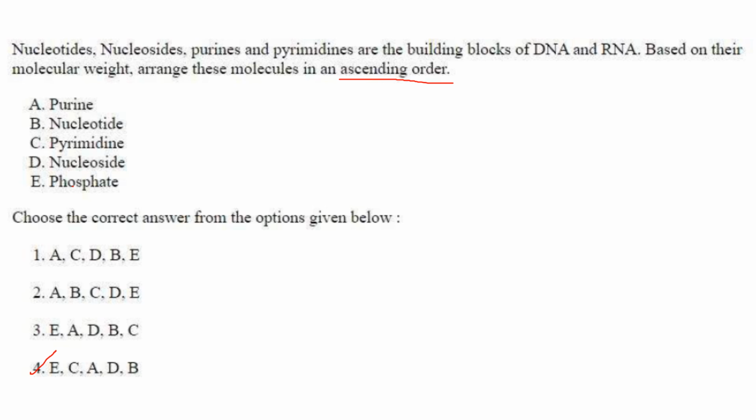Pyrimidine is a single ring compound and purine is a double ring compound. So pyrimidine will come next and then it will be purine. So C, E, C, A, then nucleoside and then nucleotide, B. So the answer here is option 4, E, C, A, D, B.